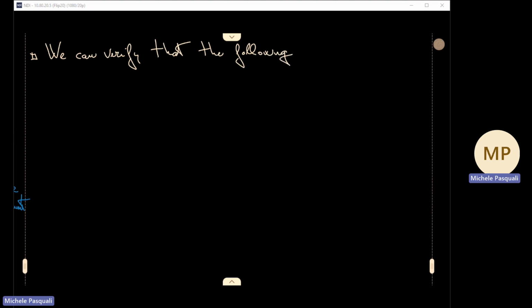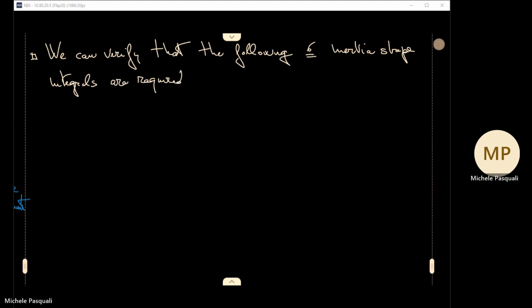The following 6 inertia shape integrals are required to derive the inertia tensor of the element J, which are the following.